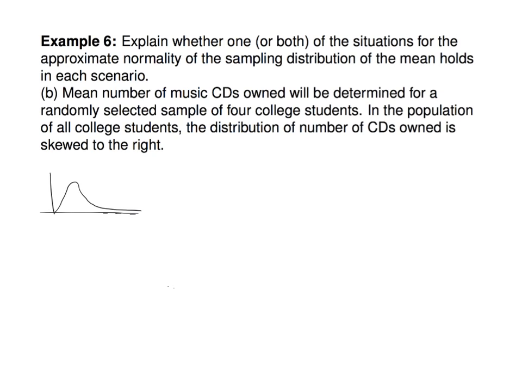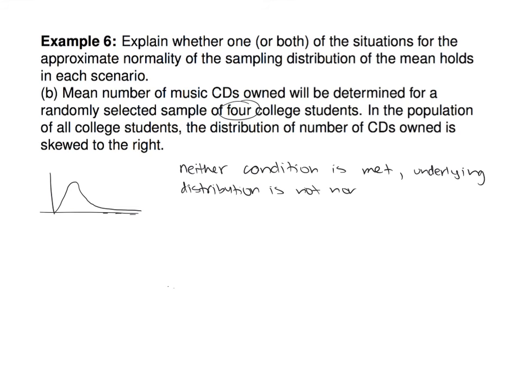So let's see, a sample of 4 college students and the underlying distribution is not normal. So neither condition is met. The underlying distribution is not normal, and the sample size is small.